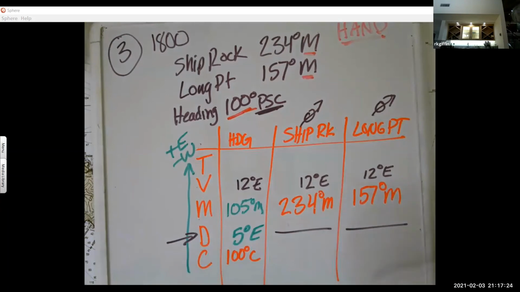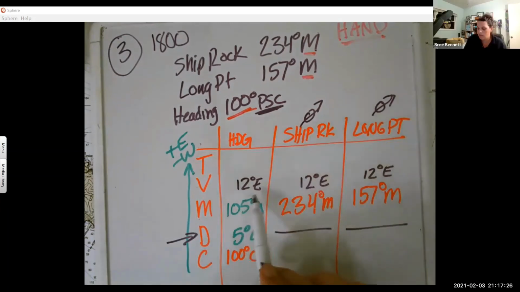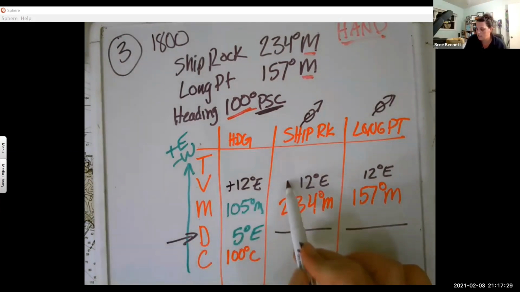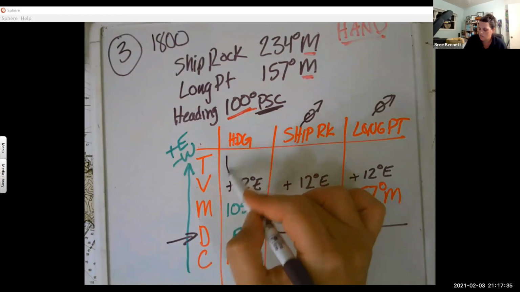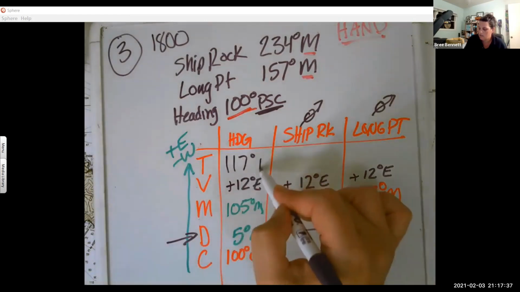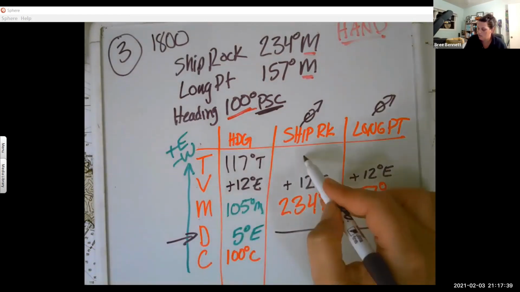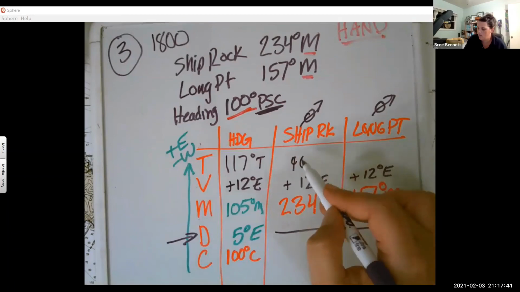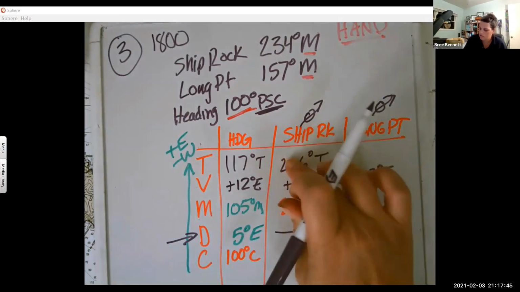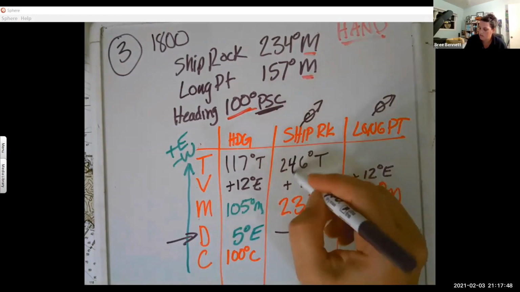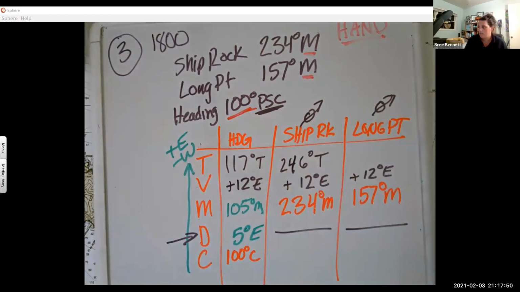Okay. So 12, we're going to add, because it's east. So that's 117. 234 plus 12 is 246.